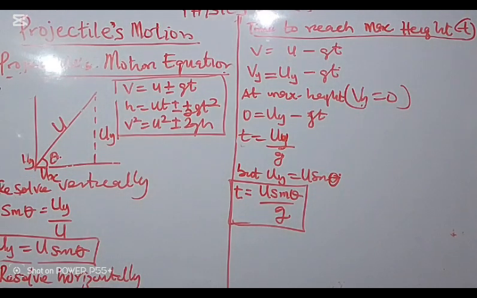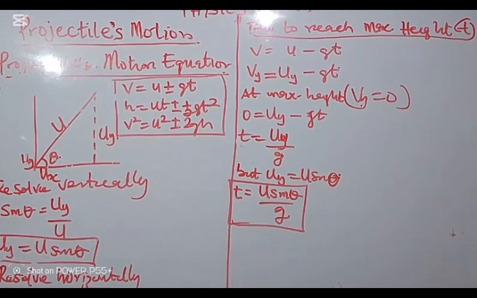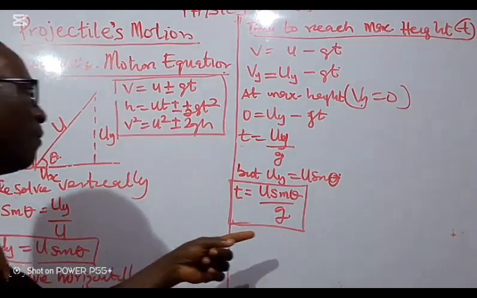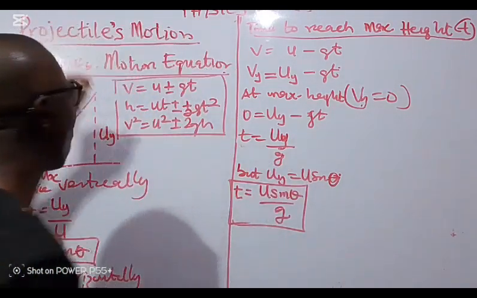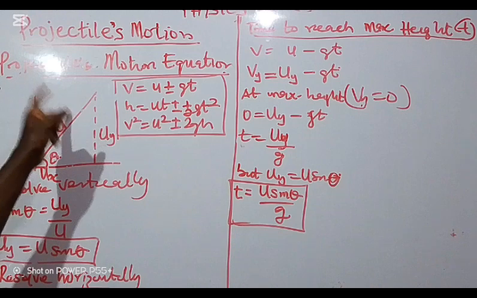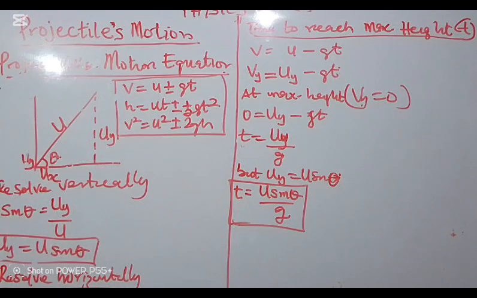But here now, angle is involved. The angle that's involved now will tell us the question given to you is under projectile. But if angle is not given, and the question just says a ball is projected vertically upward, don't forget that's motion under gravity. Now the angle is involved.